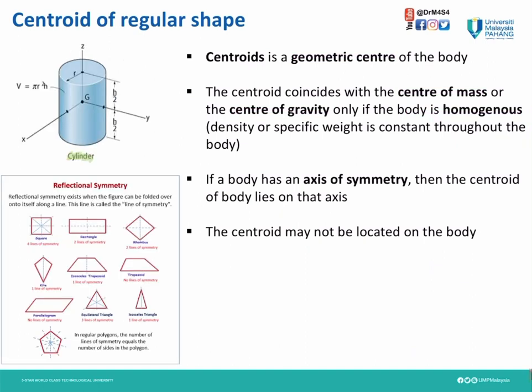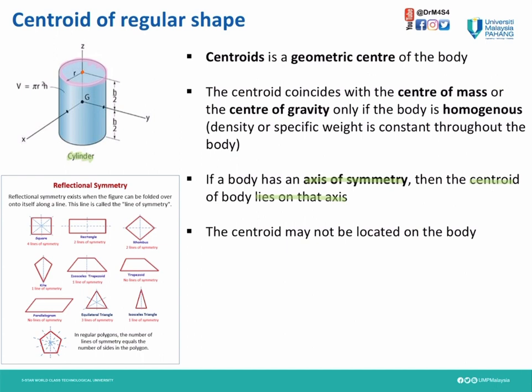Here is another example, a cylinder. As you can see here, the cross-section of the cylinder is a circle, therefore the centroid is at the middle along the axis.